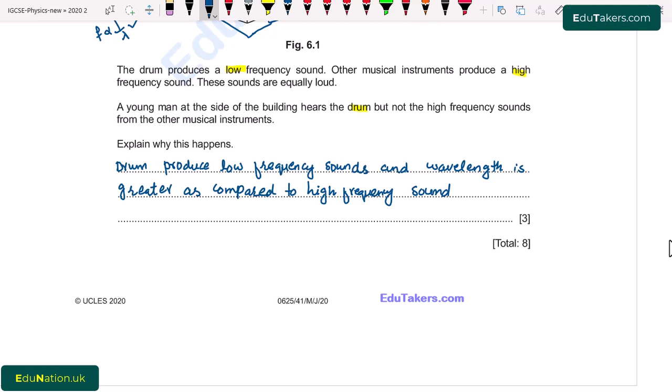That's why the low frequency sounds produce the higher wavelength. Greater wavelength results in more diffraction of sound from drum.